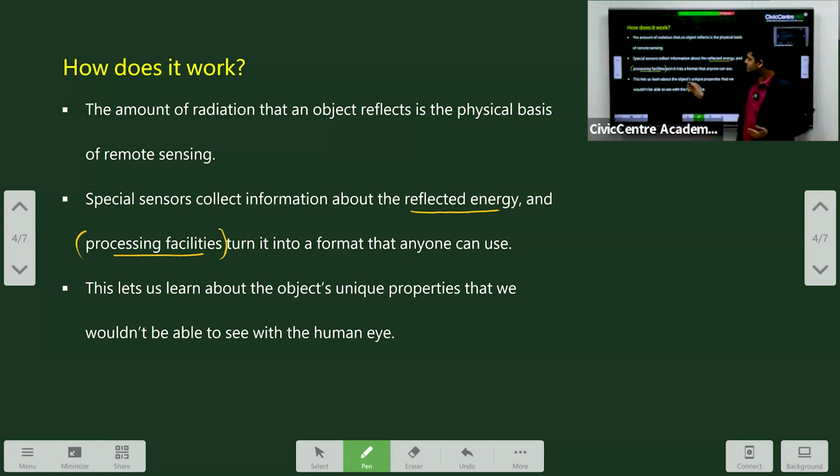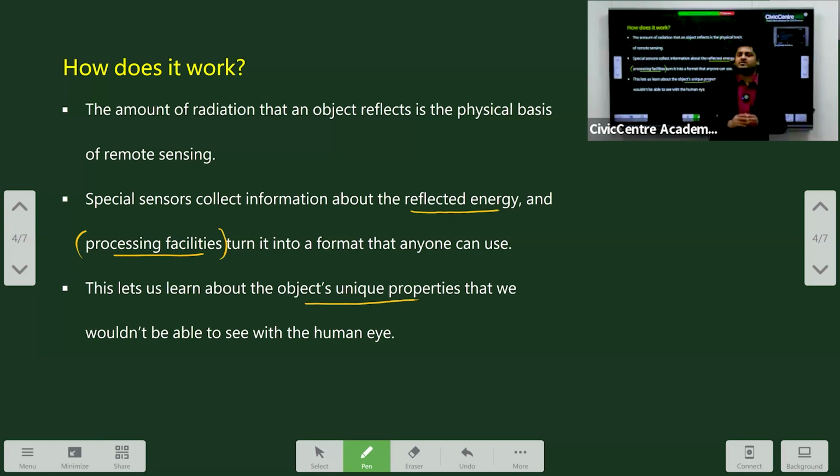right? So this lets us learn about the object's unique properties that we wouldn't be able to see during normal times, because these remote sensing satellites are going to give us information in a wide range of wavelengths. Usually you can see objects only by visible light, that is RGB: red, green and blue. These three colors are enough for you to see the things around you.